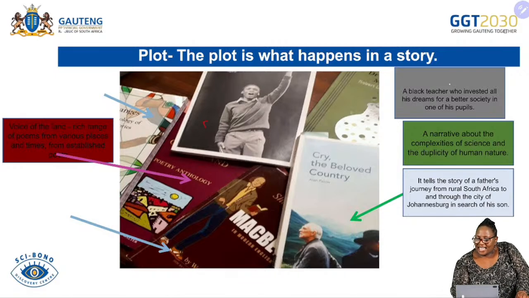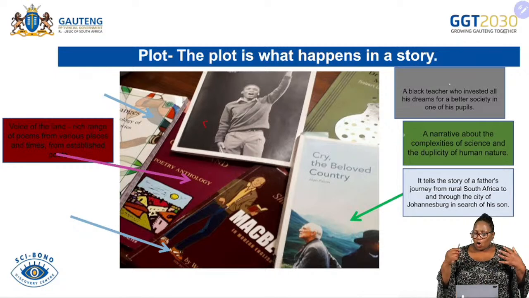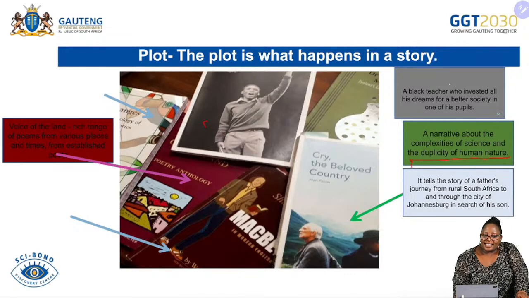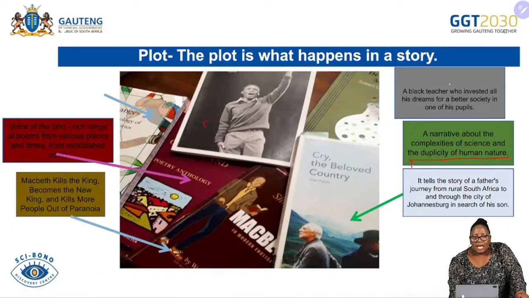And then that green book there, it's Strange Case of Dr. Jekyll and Mr. Hyde. And what is it all about? It's a narrative about the complexities of science and the duplicity of human nature. Interesting book. We have our short stories.